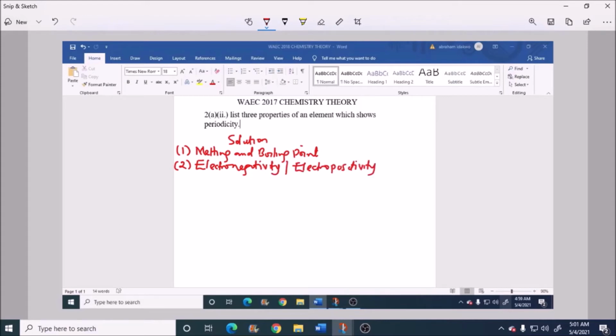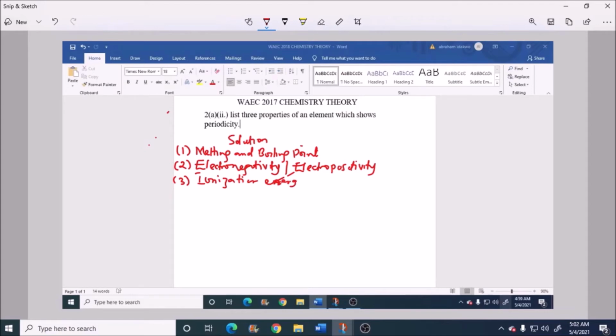Then the next one, we have ionization energy. So ionization energy is one of the properties that shows periodicity. So as we have been listing them, we have melting and boiling points, electronegativity, then ionization energy.